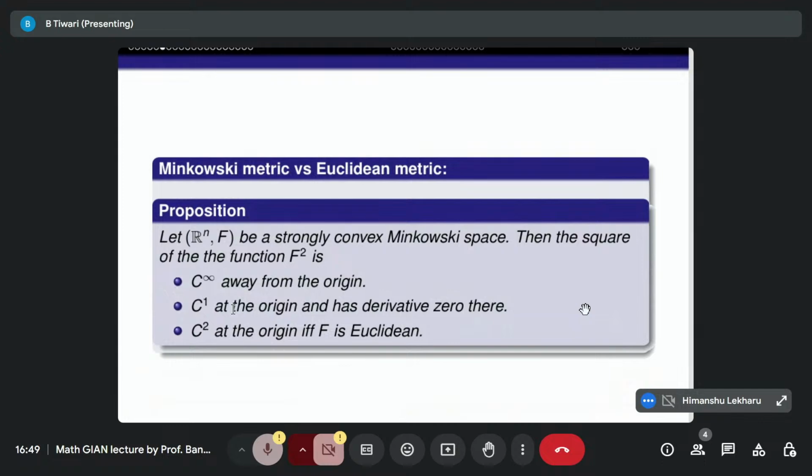But at the origin, it is just C1 and all its derivatives vanish. But the third condition is very important: it is C2 at the origin if and only if F is Euclidean. So this is again a kind of differentiation between a Minkowski space and Euclidean space. If the square of the norm is C2 at the origin, then F is Euclidean, and the other way is trivial.